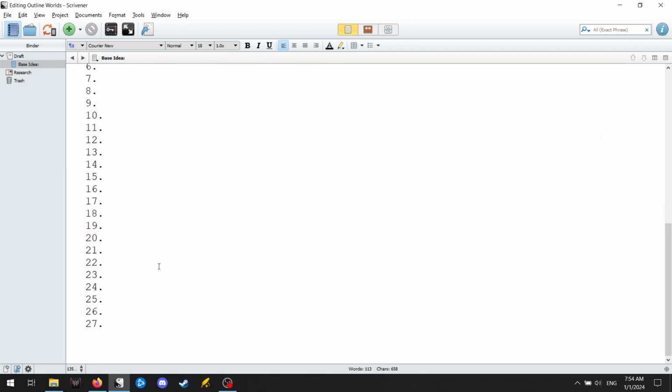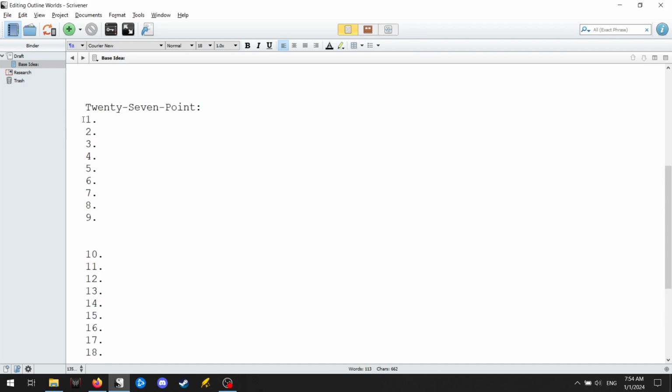And now I want to use the 27-point structure, which is technically broken into 3 blocks: 1 to 9, 10 to 18, 19 to 27. And this is considered Act 1.